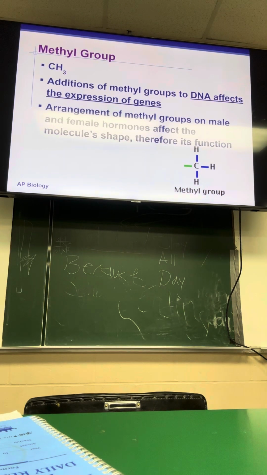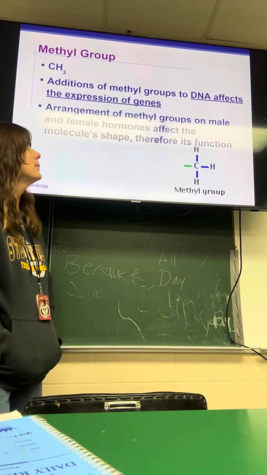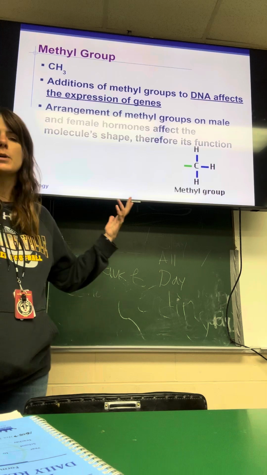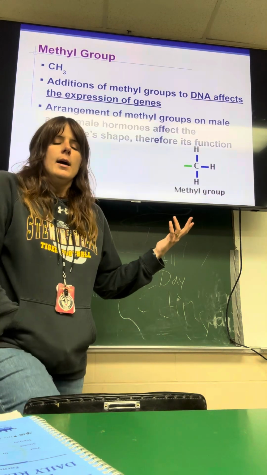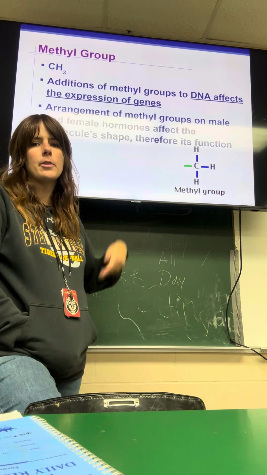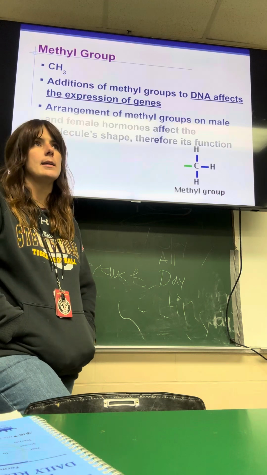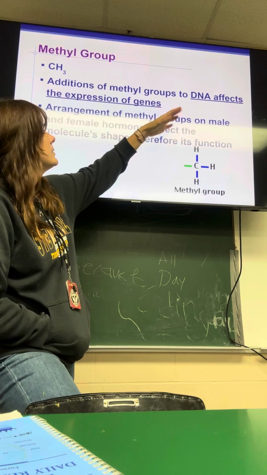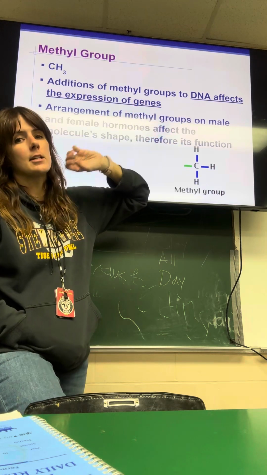Okay, then the last one that we're going to talk about is the methyl group, a carbon with 3 hydrogens around it. When we're talking about methyl groups, one thing is that on DNA, it affects the expression of genes.